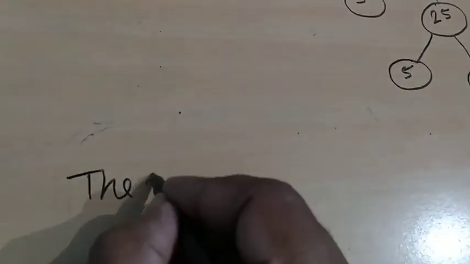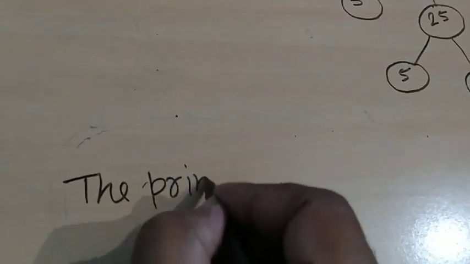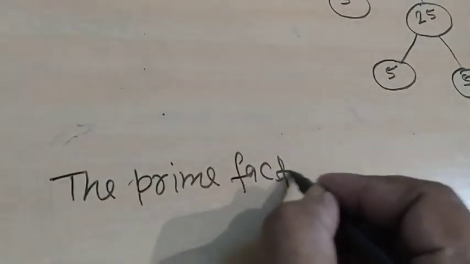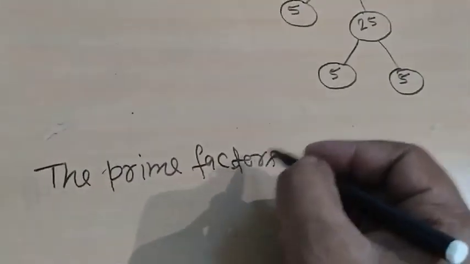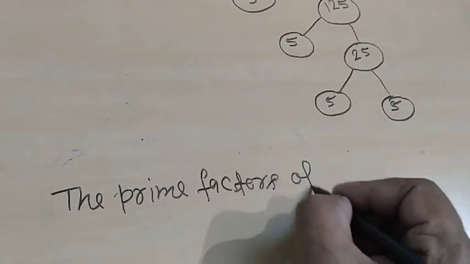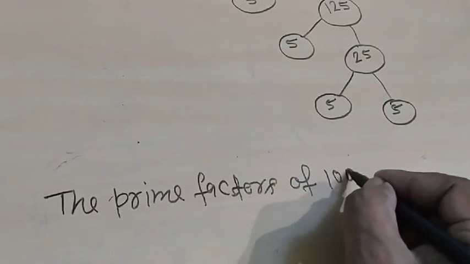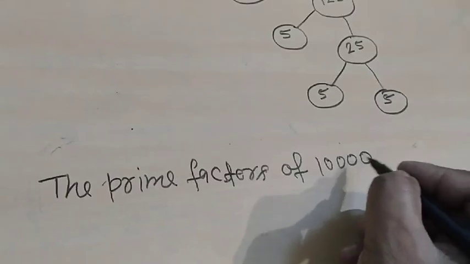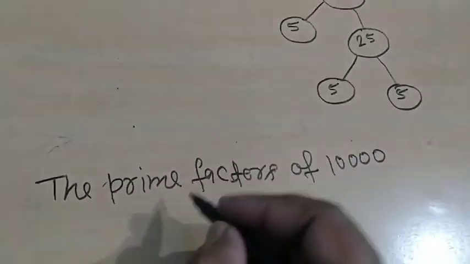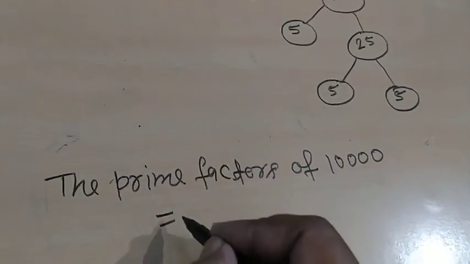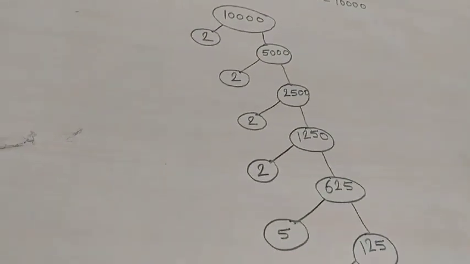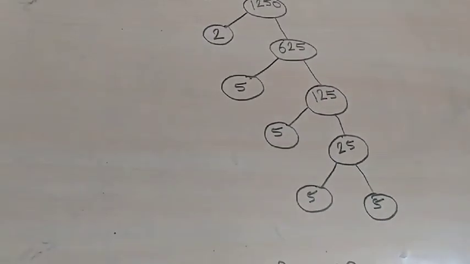The prime factors of 10,000, because the smallest 5-digit number is 10,000. So what are the prime factors of 10,000? How many times 2? You can see here 4 times 2, and 4 times 5.